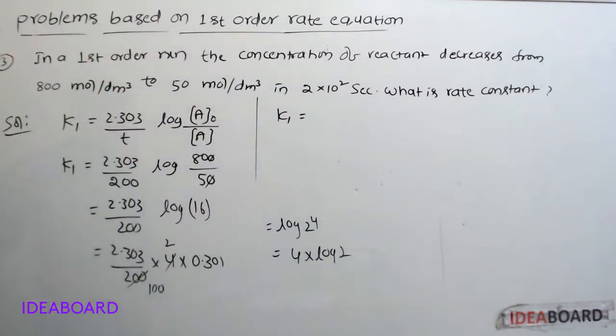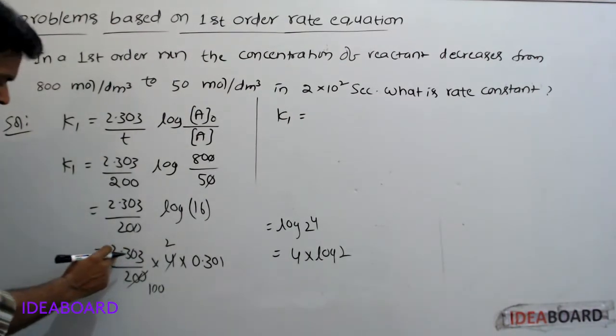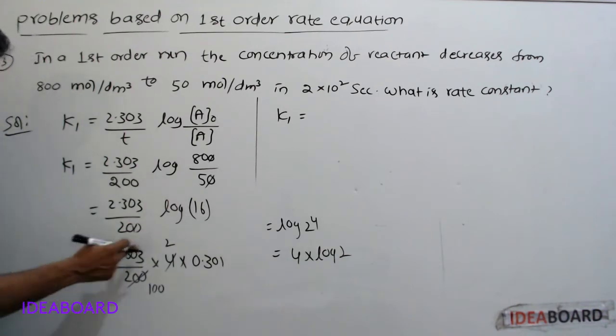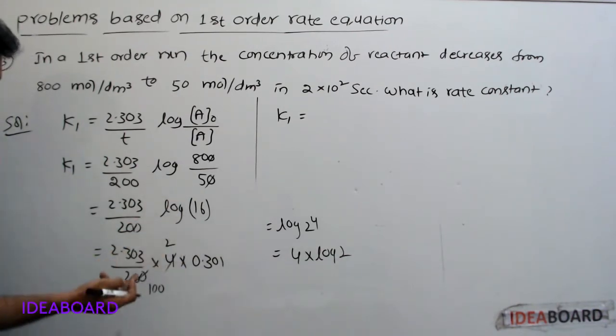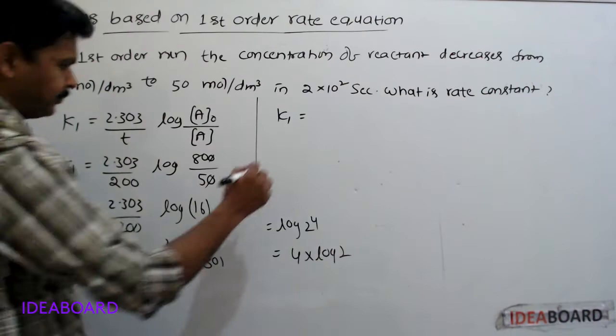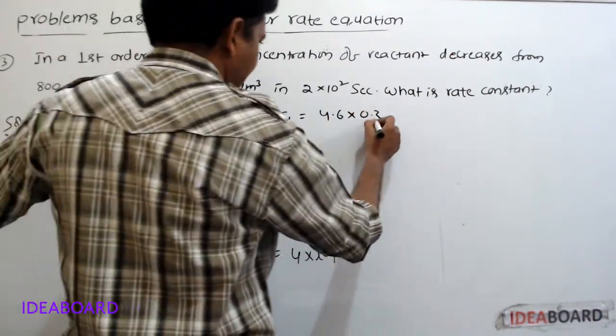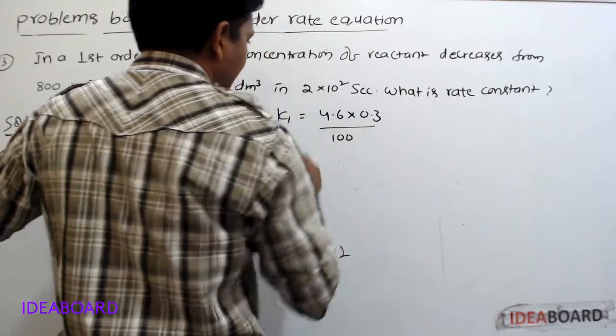k1 is equal to, instead of 2.303, I am taking just 2.3. 2.3 into 2 is 4.6. 4.6 into 0.3 divided by 100.